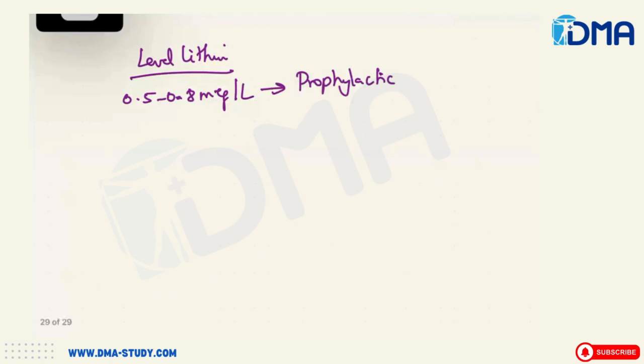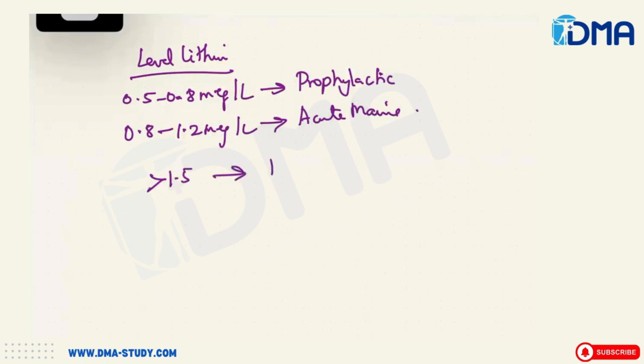For an acute episode of mania, you have to maintain 0.8 to 1.2 milliequivalents per liter. When it goes more than 1.5, then toxic manifestations start for the patient.